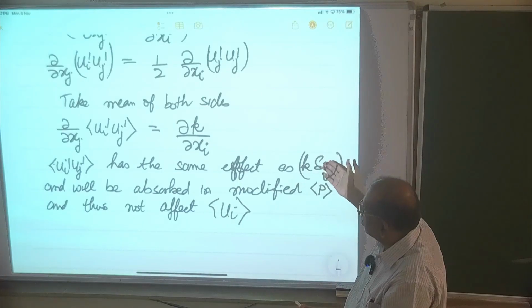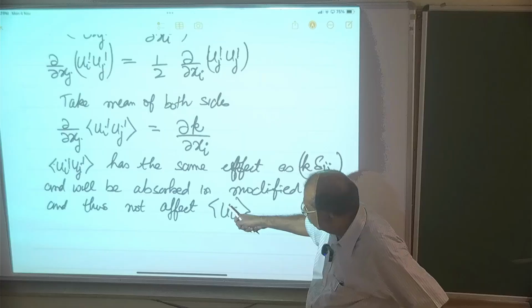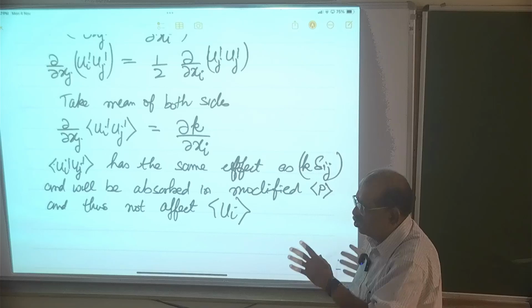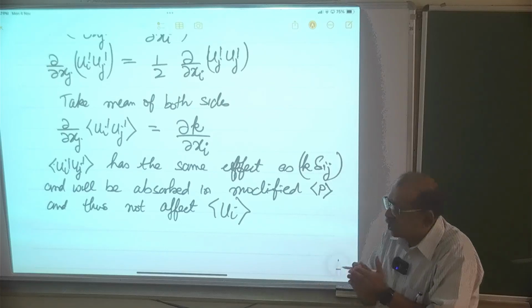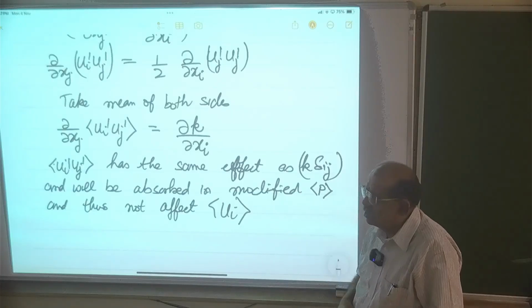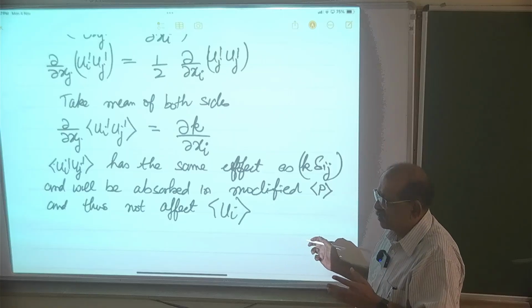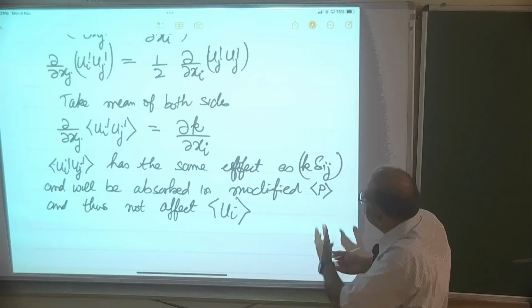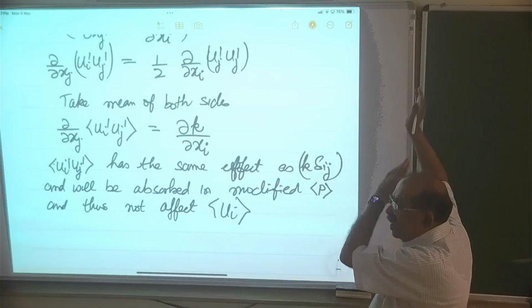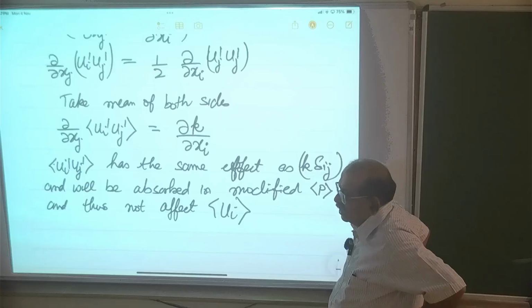So the mean velocity will not be affected by such velocity fluctuations. Irrotational fluctuations cannot affect the mean velocity. They will affect the mean pressure, because that will have a k term also, but the velocity field will stay unaffected.